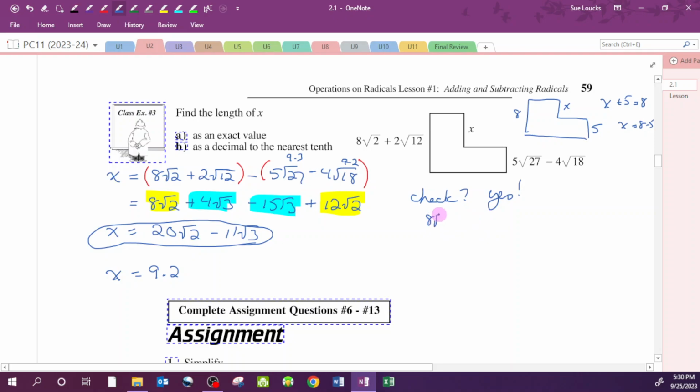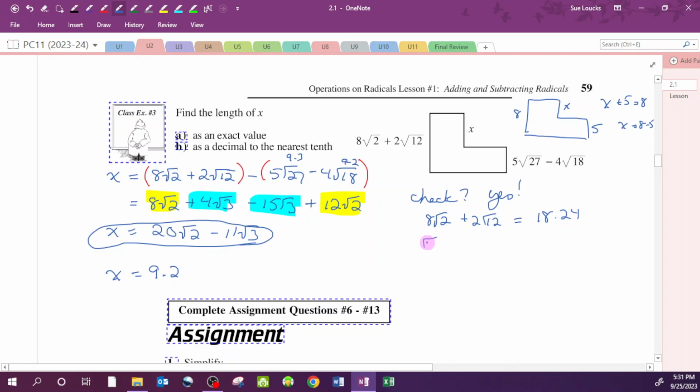So I got 8 root 2 plus 2 root 12, because I'm always going to go back to my original. I'm not going to take this part here to do the calculation, because if I made a mistake, it could have been here, right? So that on a calculator is 18.24.